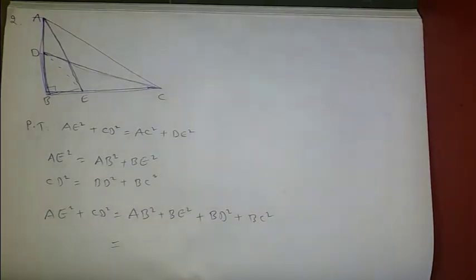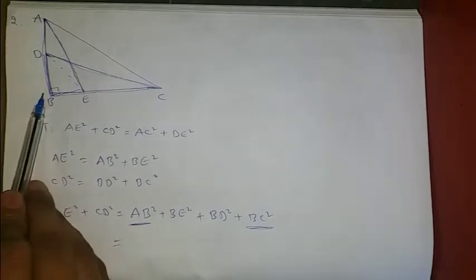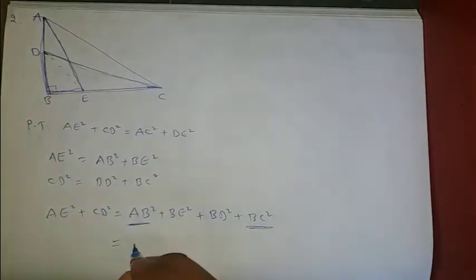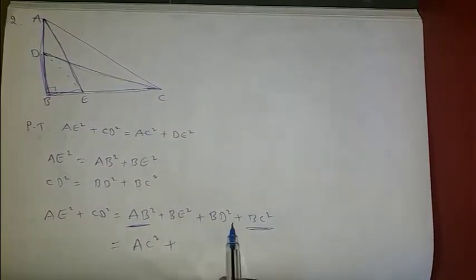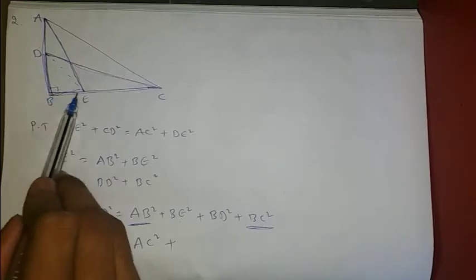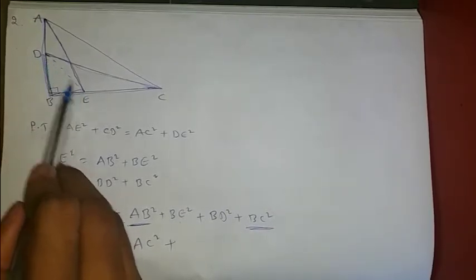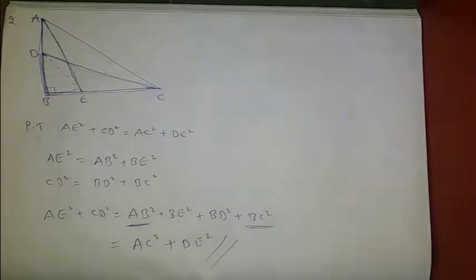Now if we observe clearly, AB square plus BC square is nothing but AC square, plus BE square plus BD square, which is this imaginary line DE square. Hence proved.